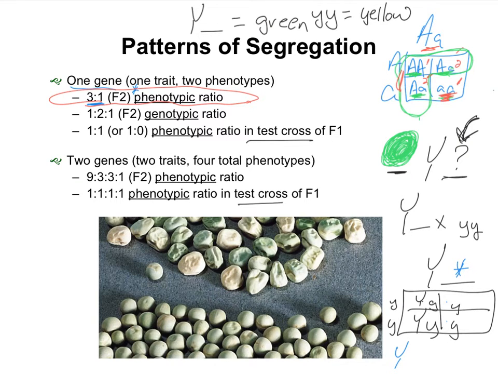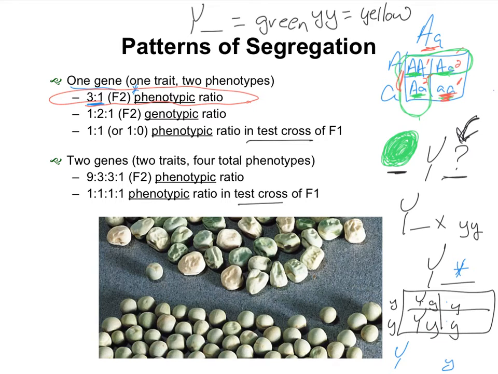If, however, this blue unknown were a little y, then you'd have half of them green and the other half yellow. Does that make sense? So our test cross is taking some unknown and crossing it with a homozygous dominant or homozygous recessive, and then seeing what kinds of zygotes you get.